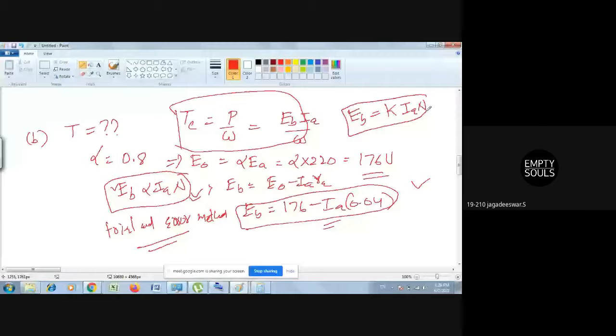This is one equation. What is the other equation? EB is directly proportional to IA into N, and there is a constant K here. Now you have another third unknown, K. When we have two speeds, we know two speeds, one current and one EB, so from this we can find out K. Yes, that's correct.